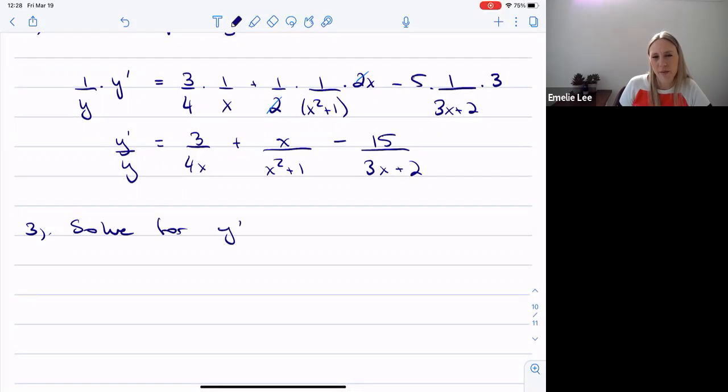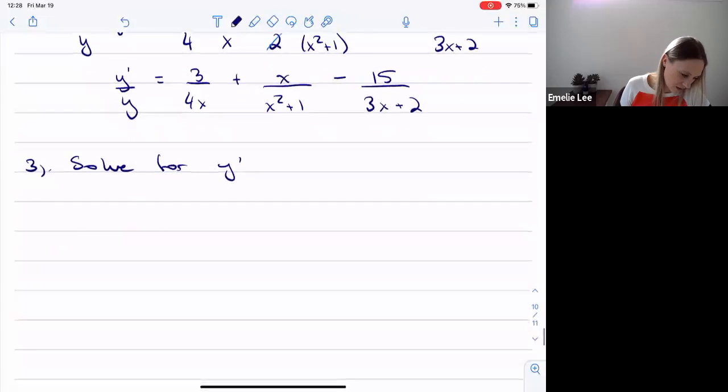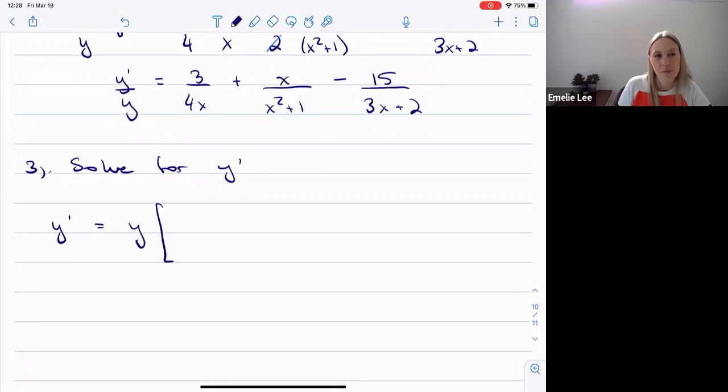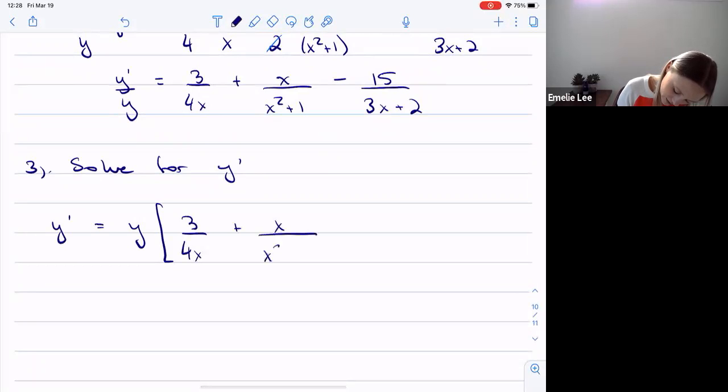I'm not going to bother putting it over a common denominator because it would get really, really messy and big. So I'm just going to keep them as individual terms. So what I have is y prime is y times the right-hand side, right? Multiplying that y over. So I get 3 over 4x plus x over x squared plus 1 minus 15 over 3x plus 2.